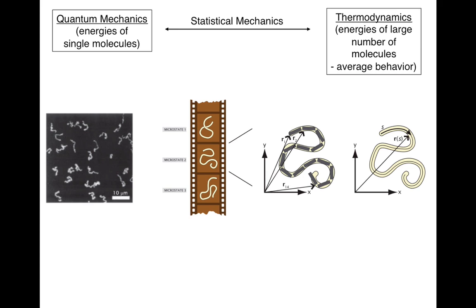Now, we talked about the idea that when we think about energies of molecules, we can describe them either exactly by quantum mechanics or, for macromolecules, more empirically by balls and springs and so forth, that we think about the structure and the internal energy of macromolecules. But what we measure generally in the laboratory, and of course at the end of the course we'll talk about doing single molecule experiments, but the idea is that if you do a measurement, let's say, of an affinity constant in the lab, you're measuring the energy of a large number of molecules, an ensemble of molecules, and it's the average behavior.